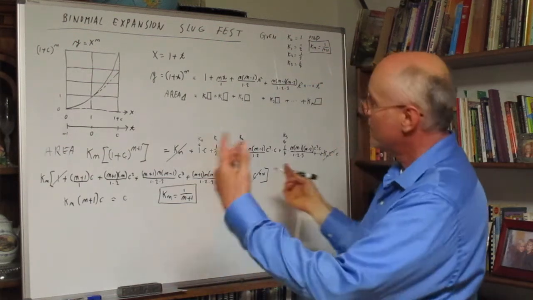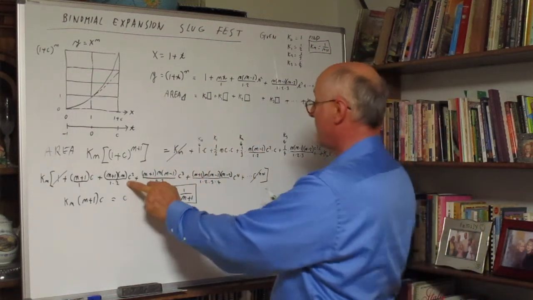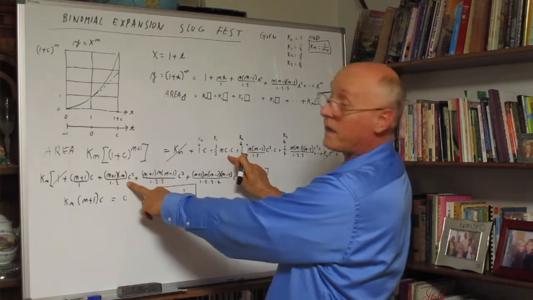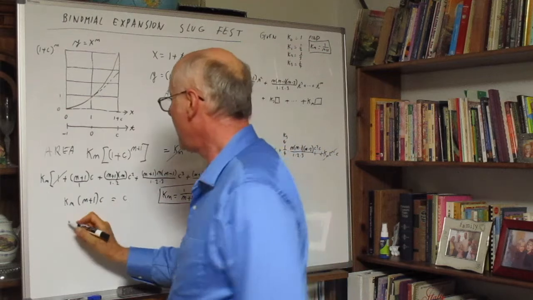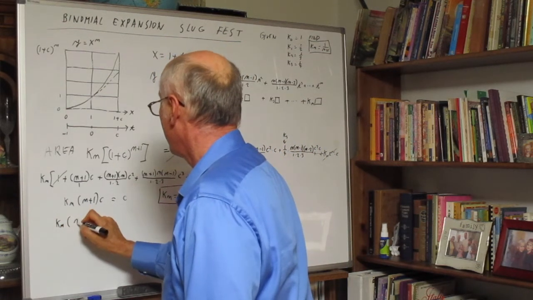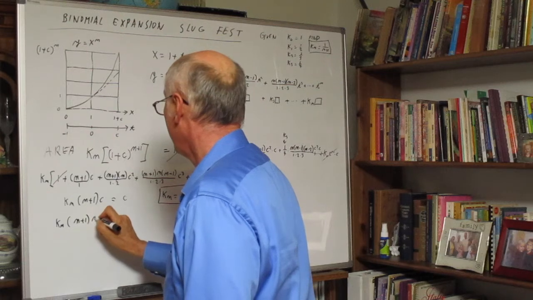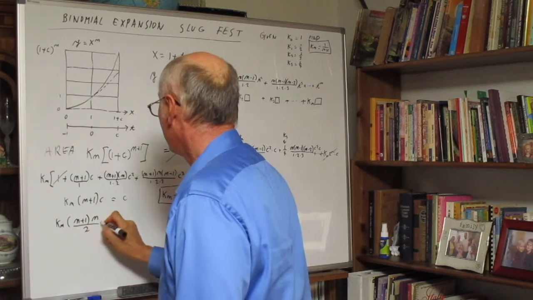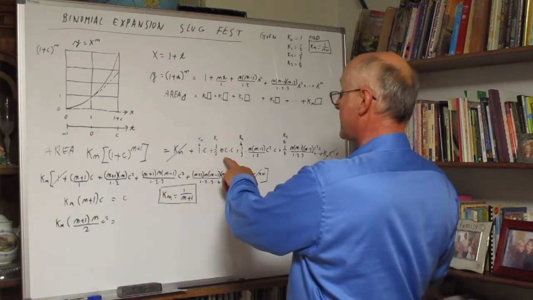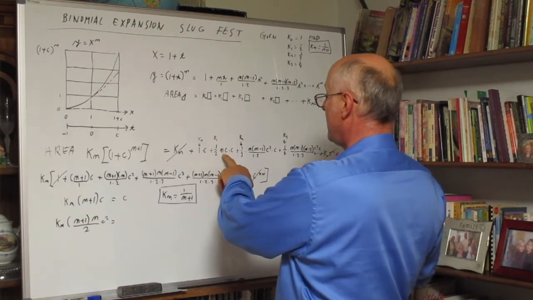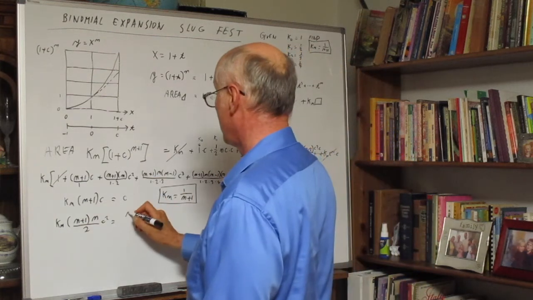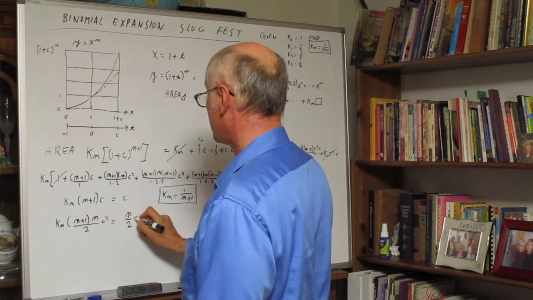But what about these c squared terms? Let's see what happens. That'll be these two, right? So we have k sub n, n plus 1, n over 2 c squared equals, on this side, it'll be n over 2 c squared.